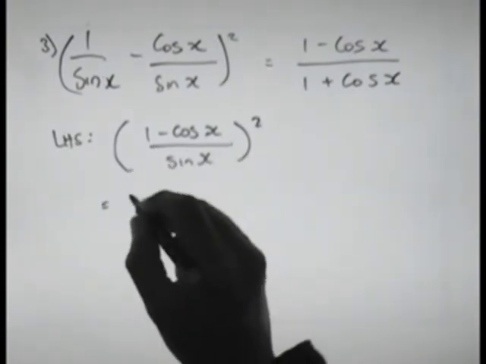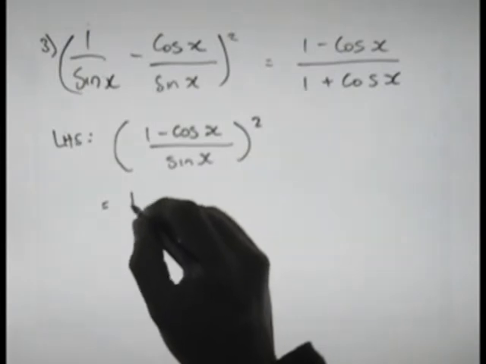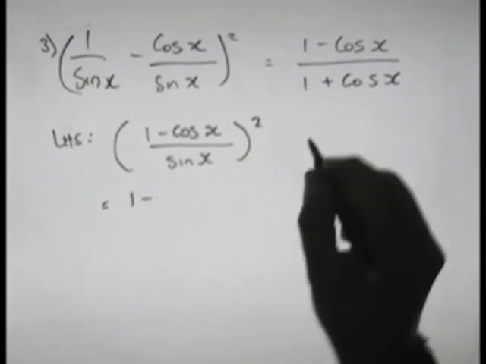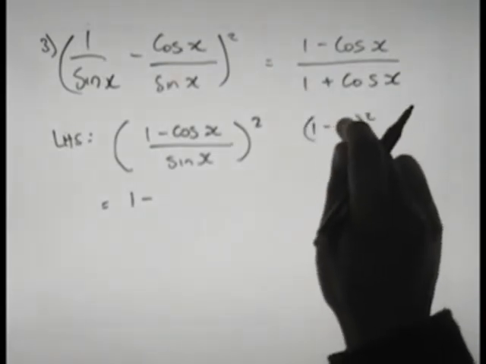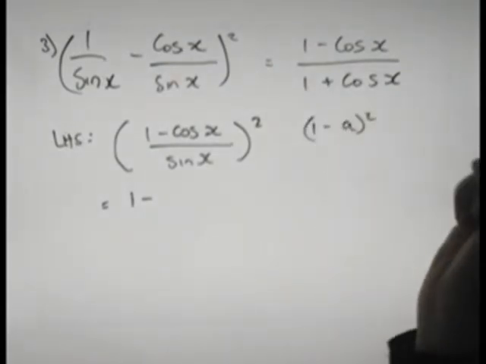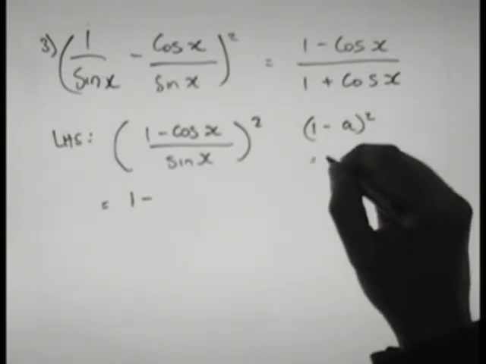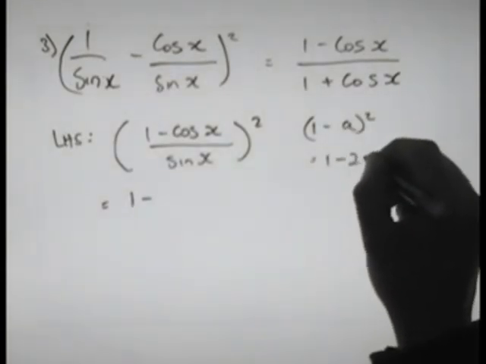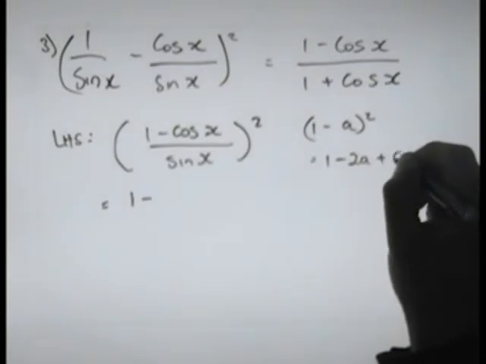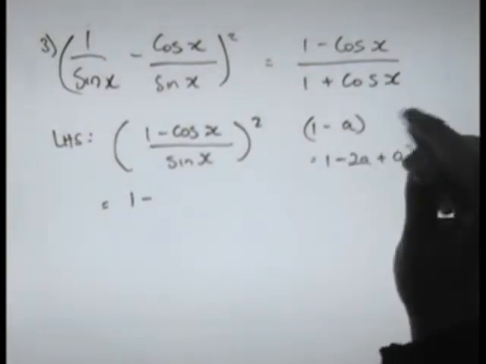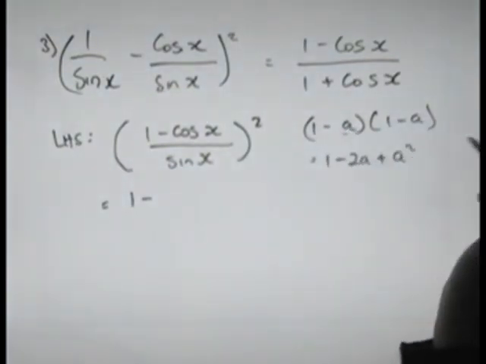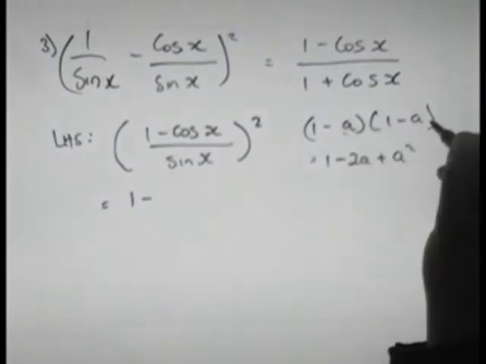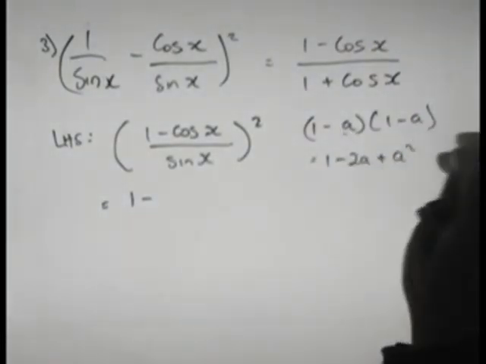Now remember this, 1 minus x squared, or let's rather use, to avoid confusion, 1 minus a squared. That's going to equal 1 minus 2a plus a squared, because it's 1 minus a multiplied by 1 minus a. 1 times 1 is 1, minus a outer inner is minus 2a. Minus a times minus a is plus a squared, right?